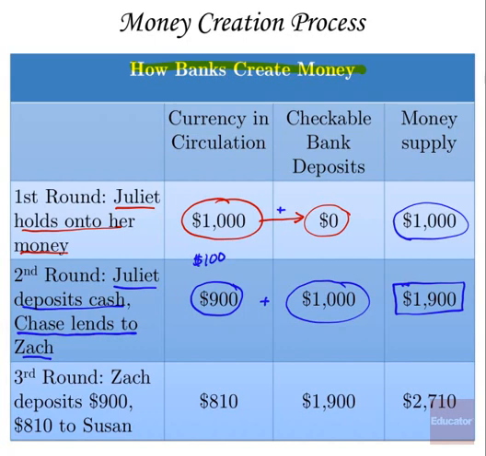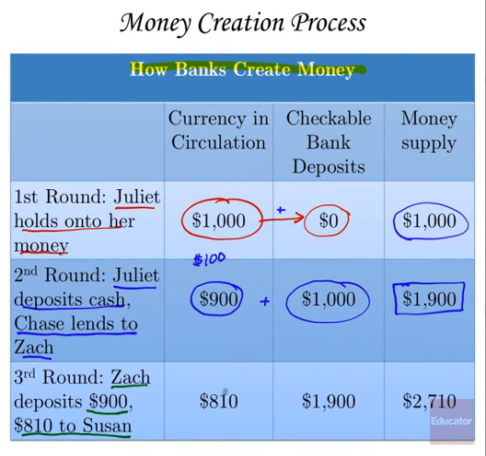And then let's just take one more example, the next round here. Let's say Zach deposits $900 into his bank. And Susan is going to borrow money.